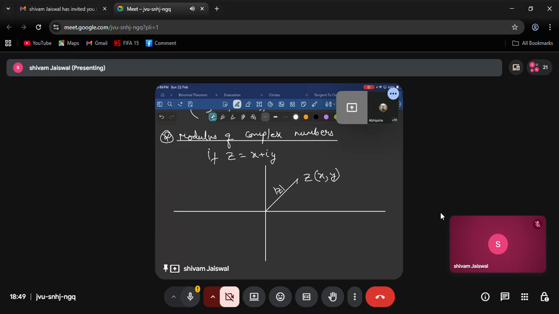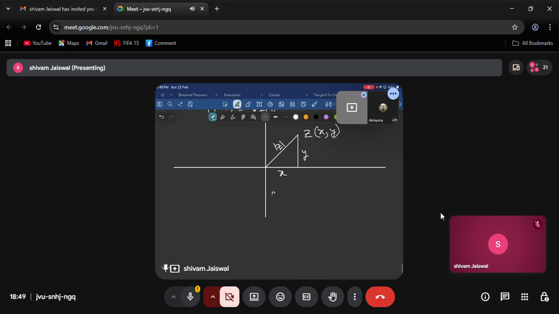The perpendicular distance is y. The horizontal distance is x. So you can say that mod z is the distance of z from the origin. Therefore, mod of z will be equal to root over x square plus y square.